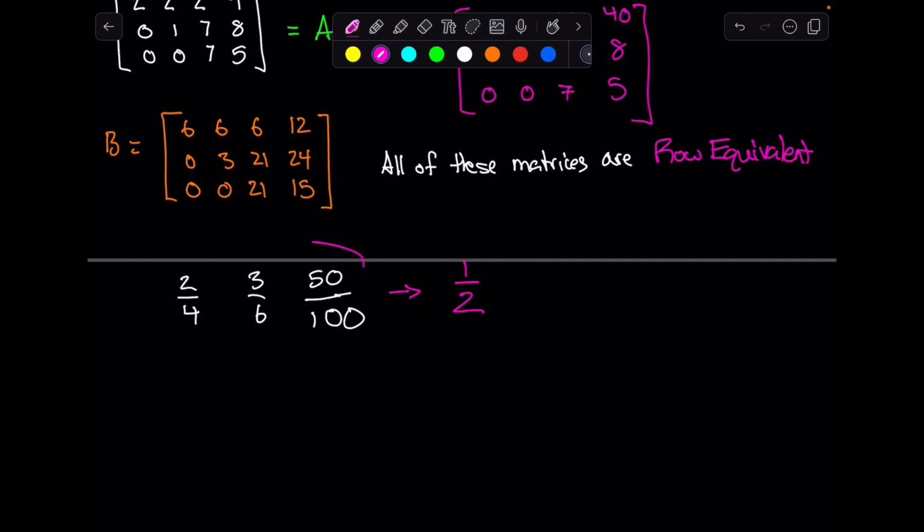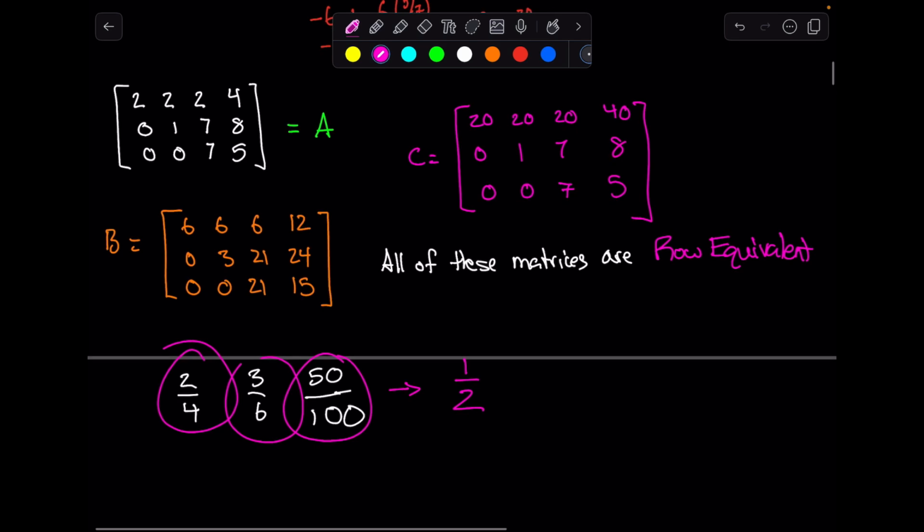Now, it's not to say that these don't have a purpose. It's just that if you were to ask somebody, are these all the same? If they didn't have any practice in algebra, they might say, no, they don't really look the same, or maybe they are, I don't know. And they would try to do their simplification until they eventually realize that when you simplify all of these, they all still end up being 1/2.